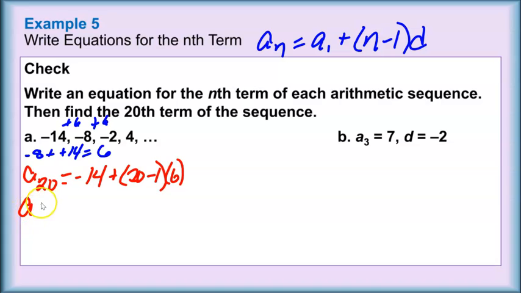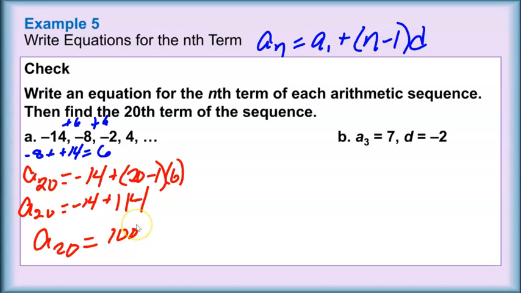So if I simplify this, a subscript 20 equals negative 14 plus, 20 minus 1 is 19, and then I have 19 times 6. 19 times 6 is 114. And if I subtract 14 from 114, the 20th term would give us 100.